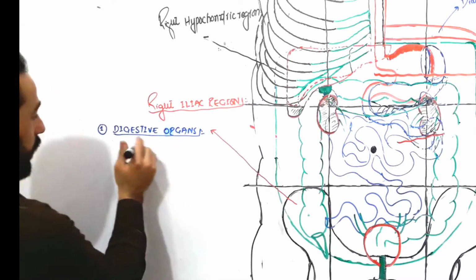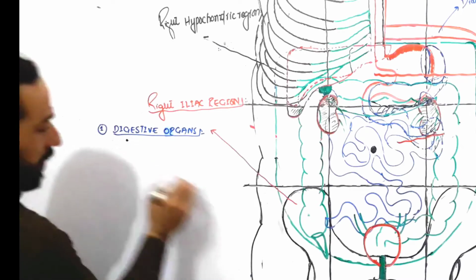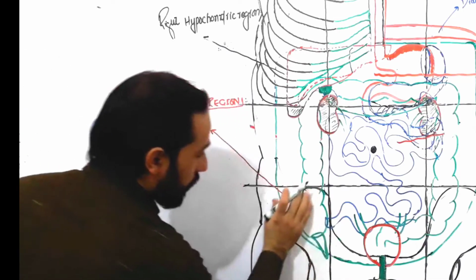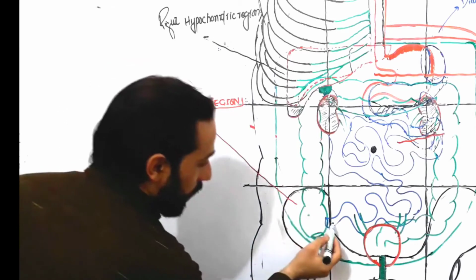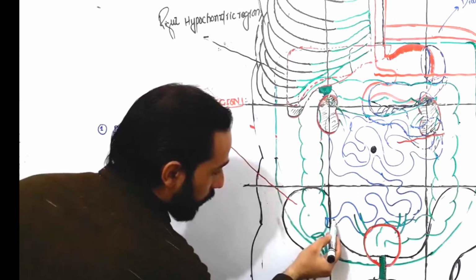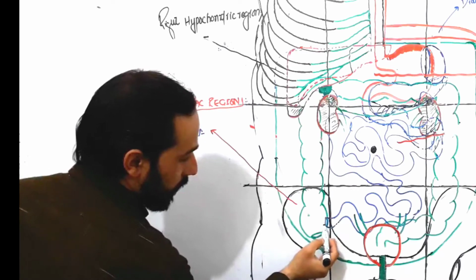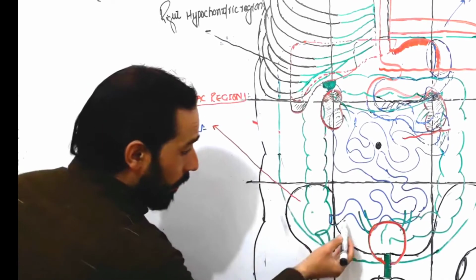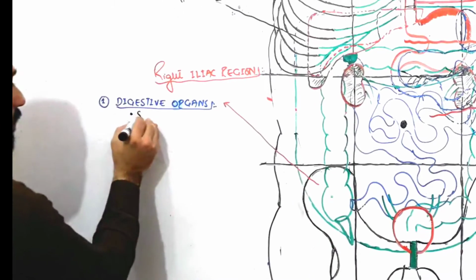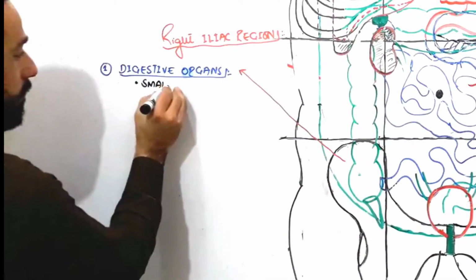The digestive organs present in your right iliac region are some parts of your small intestine. Look, your small intestine turns towards the right iliac region, the last part of the ileum. So we say that some parts of the small intestine are present there.